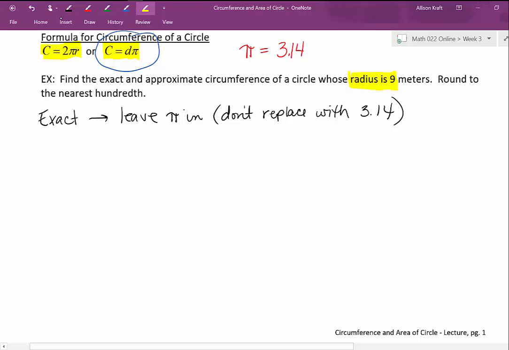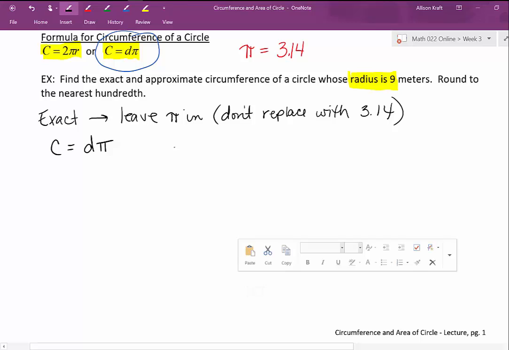The radius is 9 meters. I always remember my circumference formula to be circumference equals diameter times pi. They didn't give me the diameter, though. They gave me the radius. I know that the radius is half the diameter. So to get the diameter, I'm going to have to double the radius.